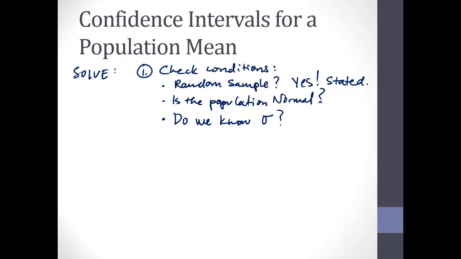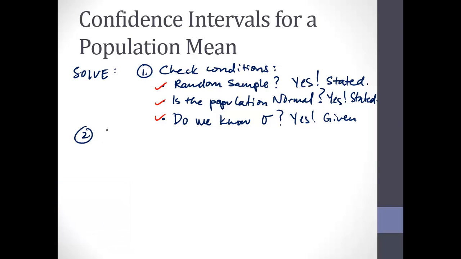Again, yes. It's stated in the problem again. These are not going to be very exciting here. And finally, do we know sigma? Well, yes, of course we do. Again, it's given in the problem. So we're all good to go here. Each one of these things has checked out, and we can go ahead and use our formula that we have here.